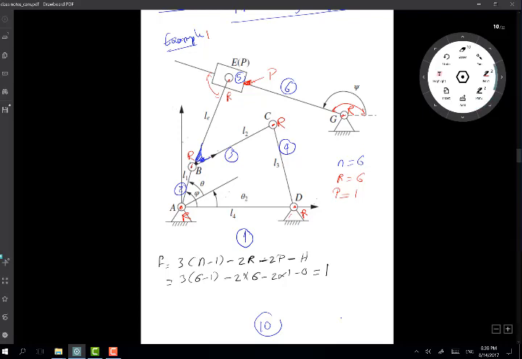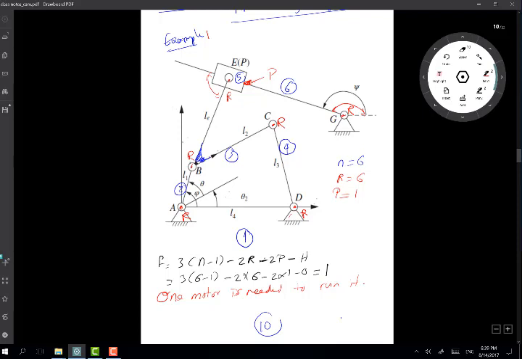I can just take a note on the side: one motor is needed to run the linkage.